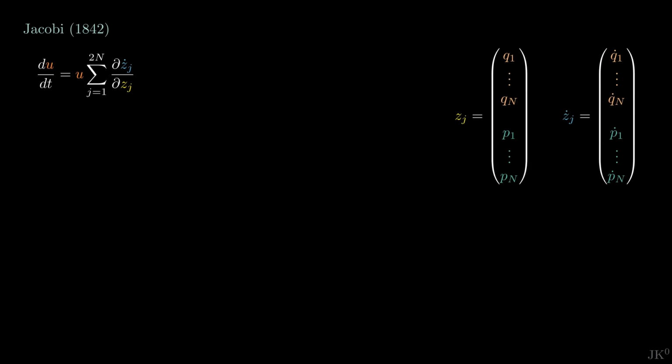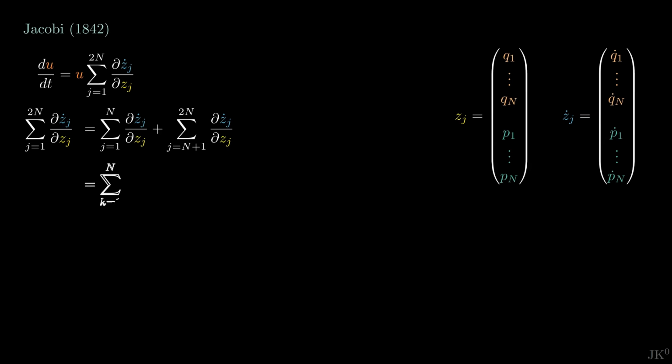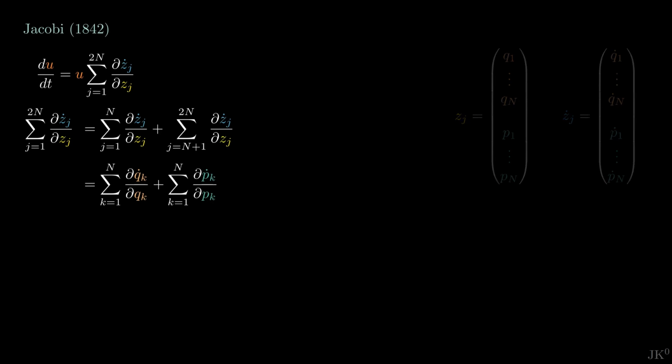This is the equation for the determinant u according to Liouville's theorem. Let's focus on the sum and expand it for the first n and the second n terms. This allows replacing z by q in the first sum and z by p in the second sum, where now the index k runs over the n degrees of freedom of the mechanical system.